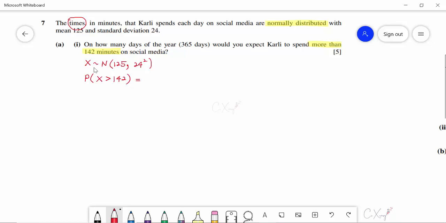Therefore, to find the probability for a normal distribution, you need to standardize it, which is to change it to Z. So for 142, you take the X value minus the mean, so minus 125, and then you divide it by the standard deviation, 24. The mean and standard deviation are given in the question already.